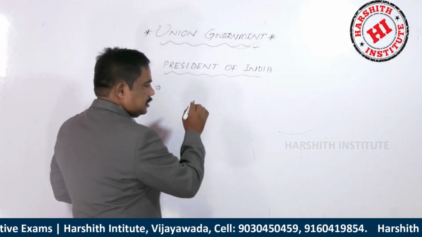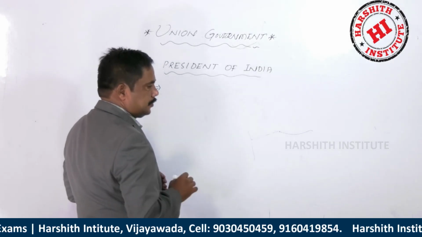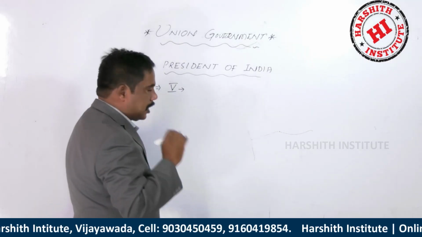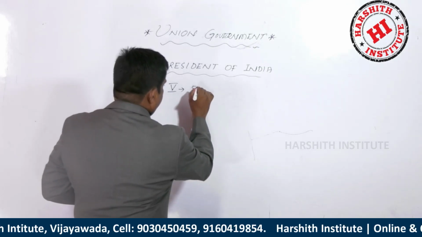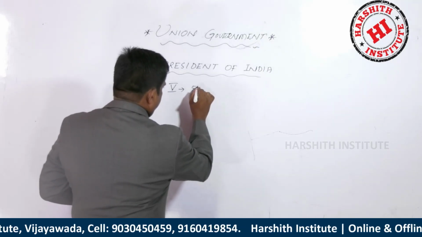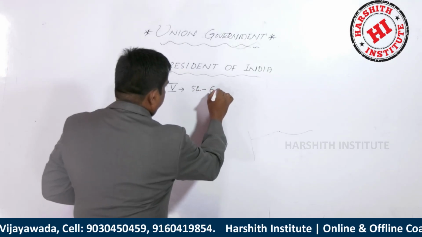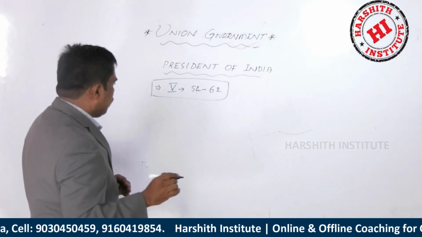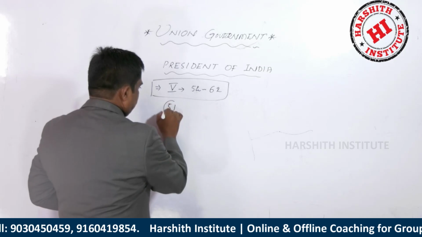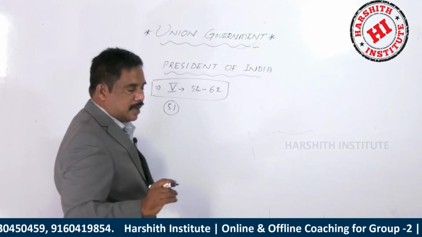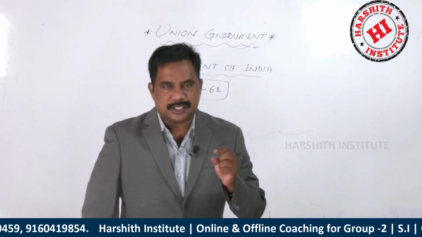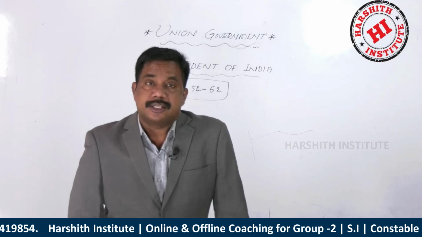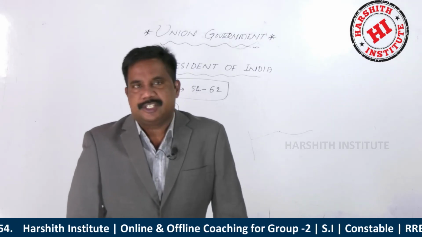We have taken the concept of the president from the American system, and it is in the fifth part of the Constitution, articles 52 to 62. You know what article 51 is? Article 51 is the last article in the directive principles.